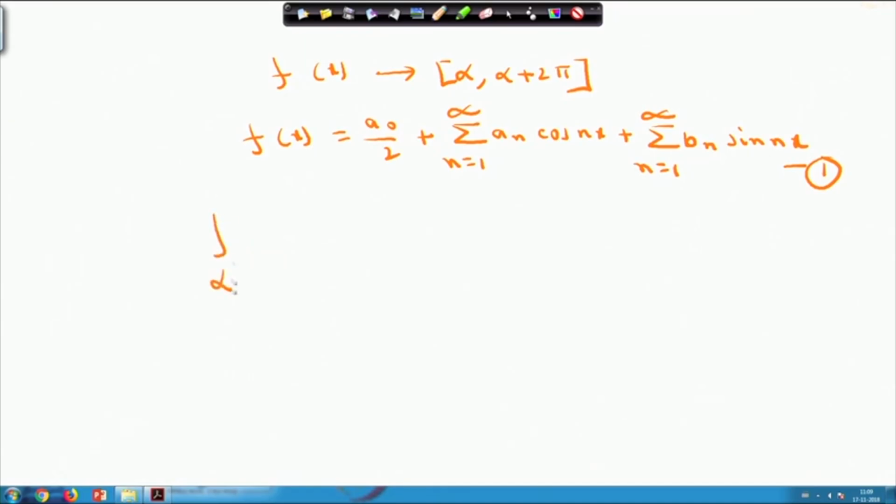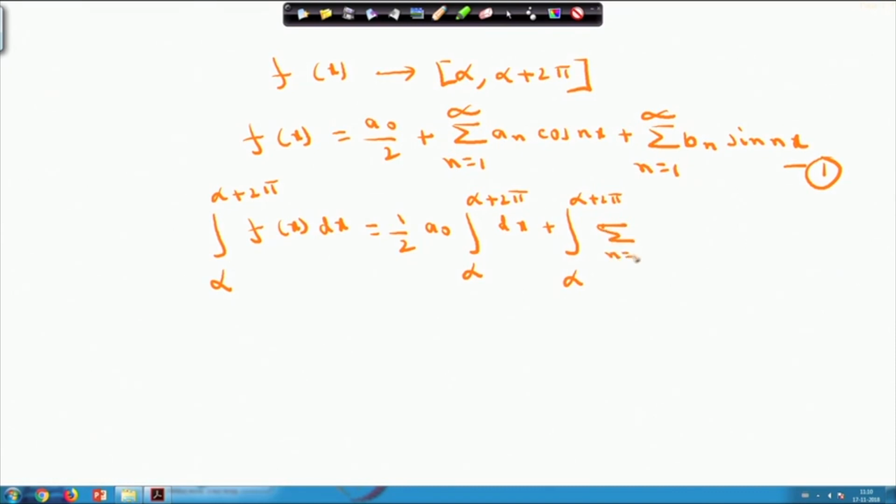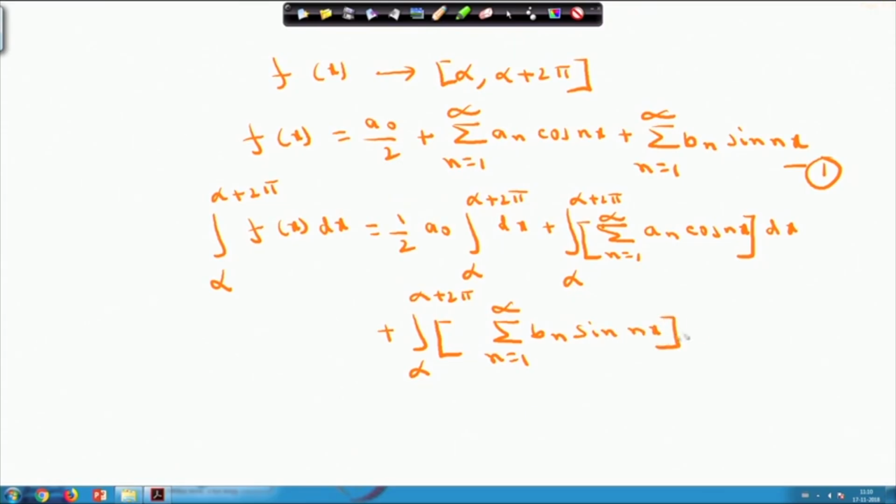So, you can write the integral from alpha to alpha plus 2 pi of f(x) dx equals 1 by 2 a naught times the integral from alpha to alpha plus 2 pi of dx, plus the integral of summation n equals 1 to infinity a_n cos nx dx. This I can put inside the bracket, plus the integral from alpha to alpha plus 2 pi of summation n equals 1 to infinity b_n sin nx dx.